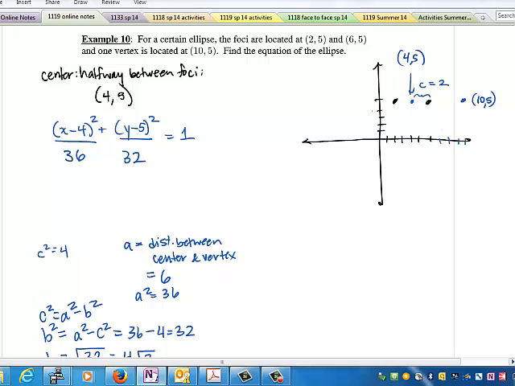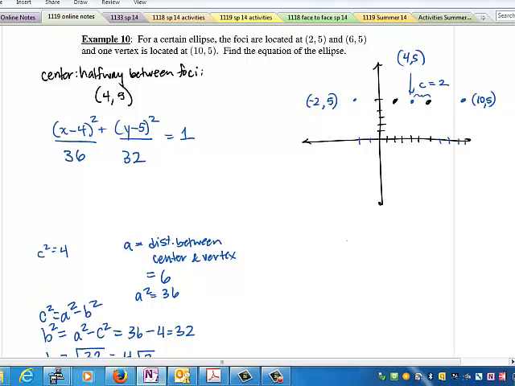That was our goal. Let's go ahead and finish the sketch of this thing. If one vertex is at 10, 5, and the distance between the vertex and the center is, sorry, 6, the other one has to be 6 left of the center, so negative 2, 5 for the other vertex.